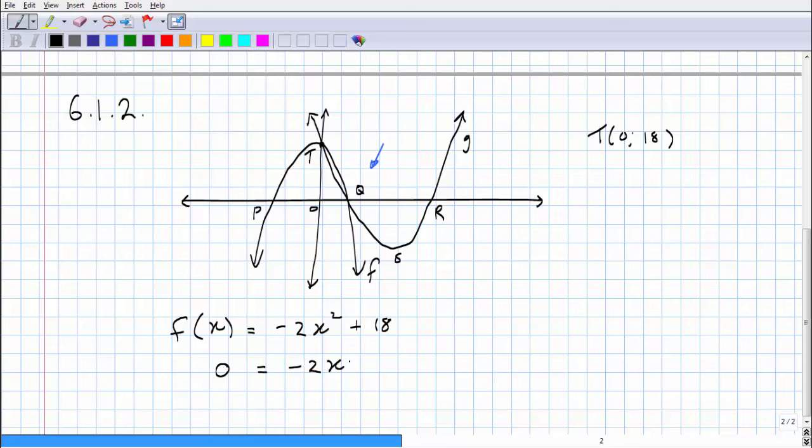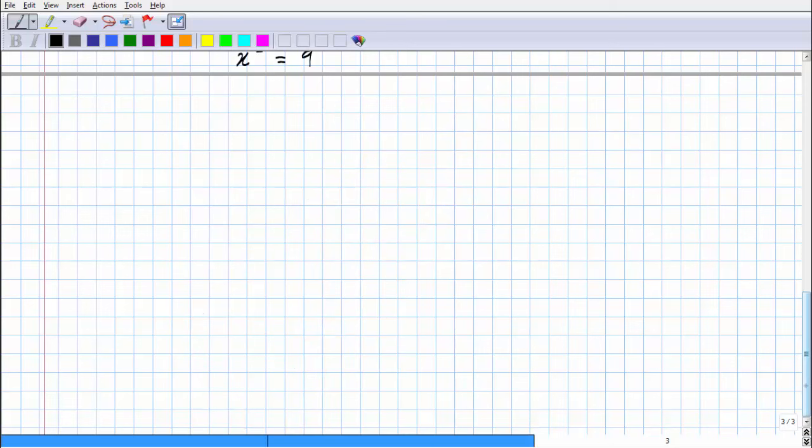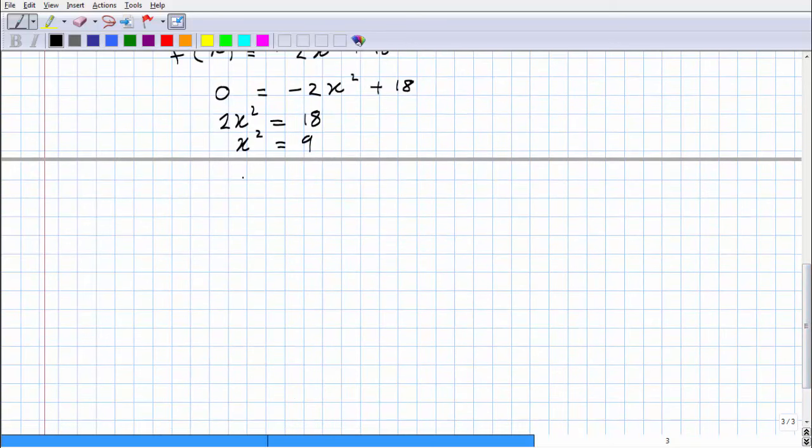You solve for that, and we get 2x squared equals 18, x squared equals 9, and then x equals plus or minus 3.